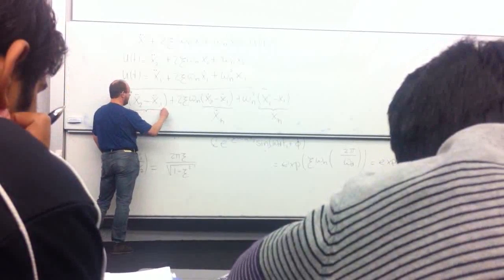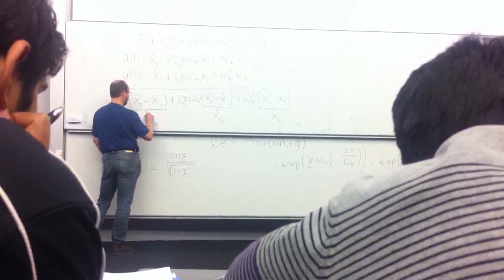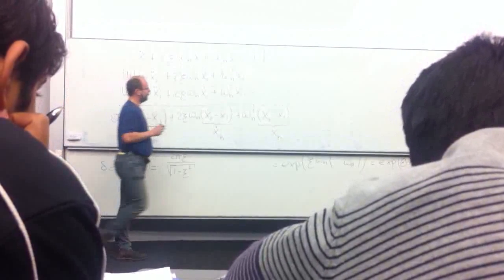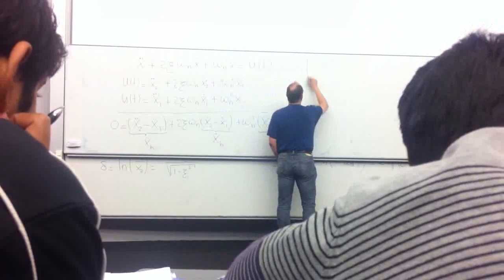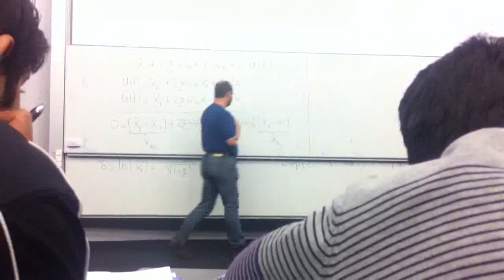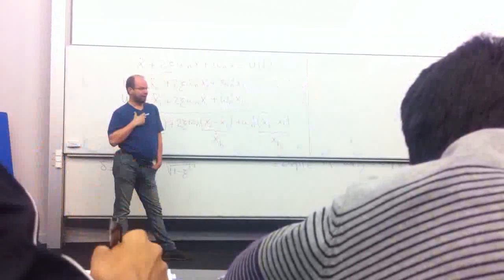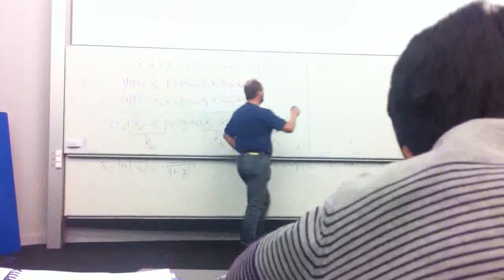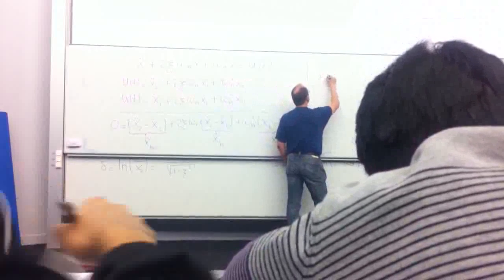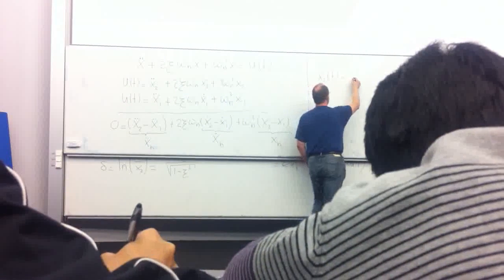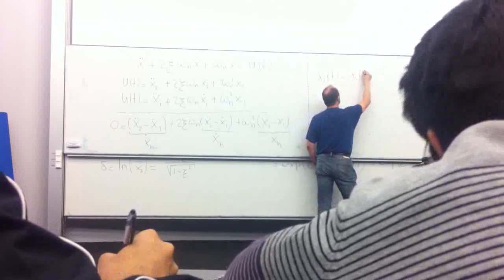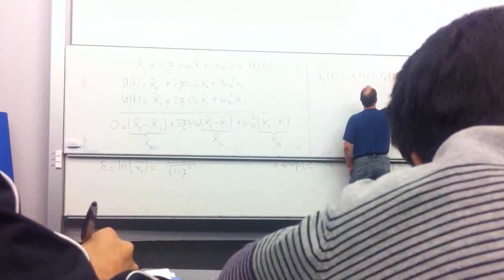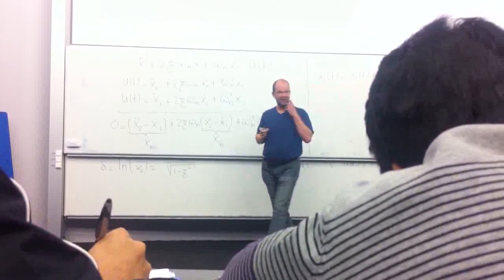And this thing here is xh double dot. So x2 minus x1 is equal to xh, which means that x2(t) is equal to x1(t) plus xh(t).